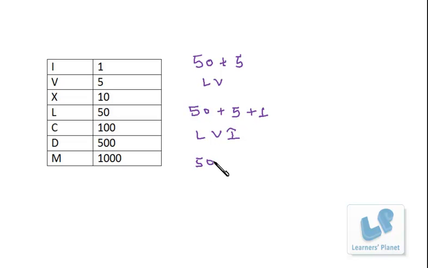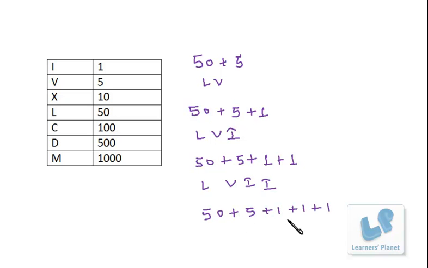Similarly, 57. 50 plus 5 plus 1 plus 1. So it's LVII. Similarly, 58, it's 50 plus 5 plus 1 plus 1 plus 1. So it's LVIII. Isn't it so simple?